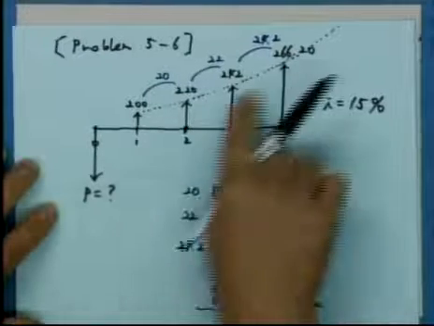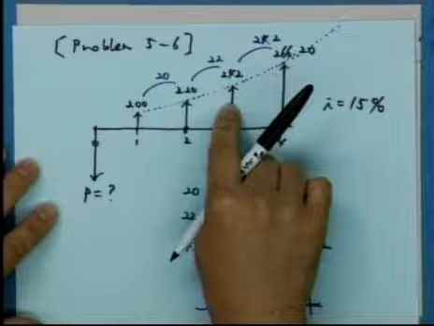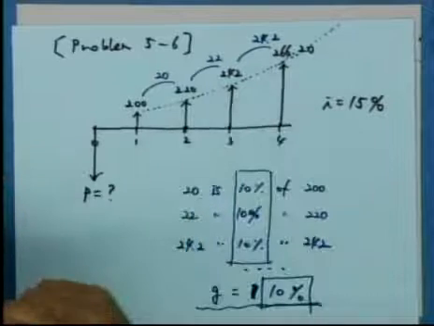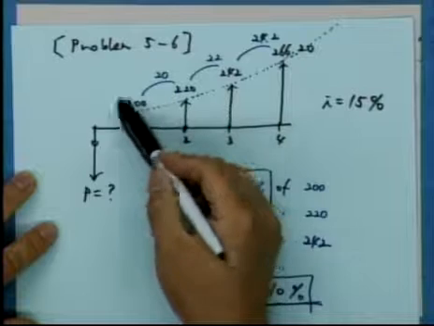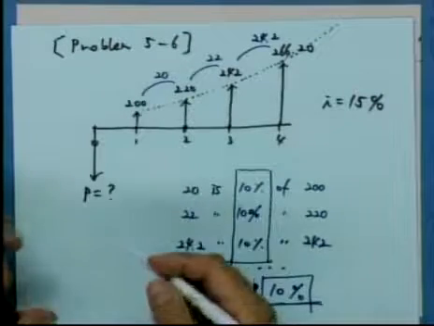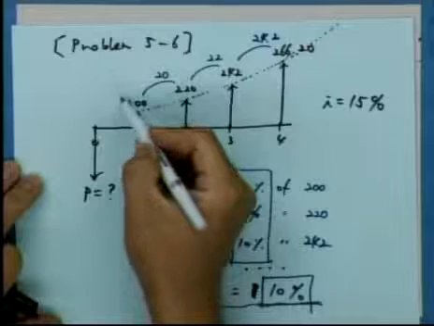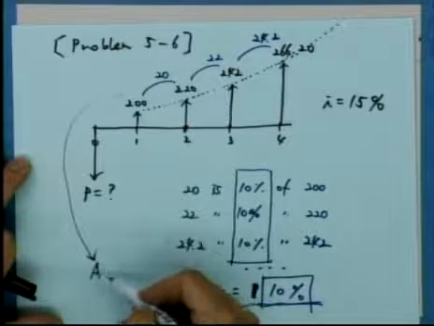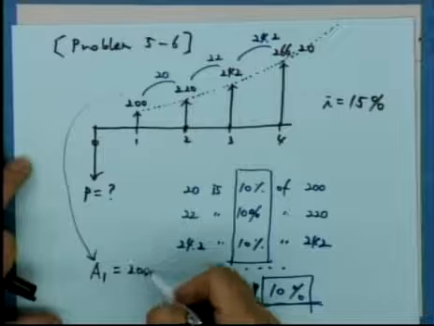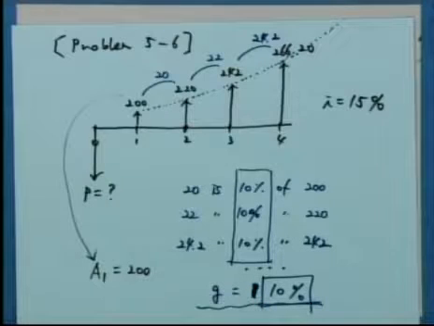And in this cash flow diagram, the cash flow amount at the end of period 1 is 200. So here 200 becomes A sub 1. Okay? The geometric gradient formula.